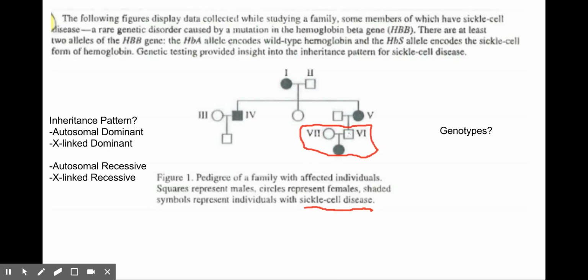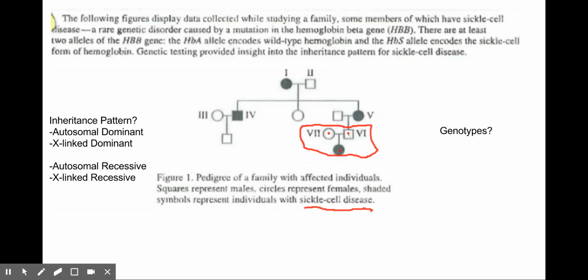Okay, so parents have the same phenotype and there is an offspring with a different phenotype. If they have the same phenotype and produce an offspring that's different from them, the only way that can happen is if they are carrying the allele.